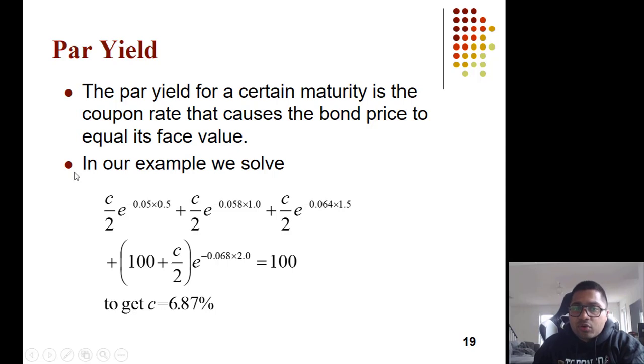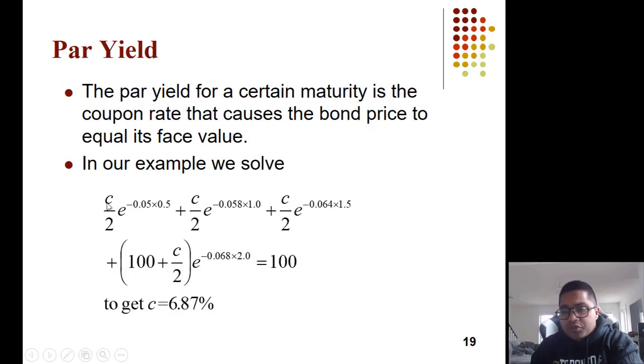For example, we know from the last example the zero rate for 6 months, 1 year, 1.5 years, and 2 years. So we have to find the coupon that you're going to receive if the bond is issued at $100. That is called the par yield.